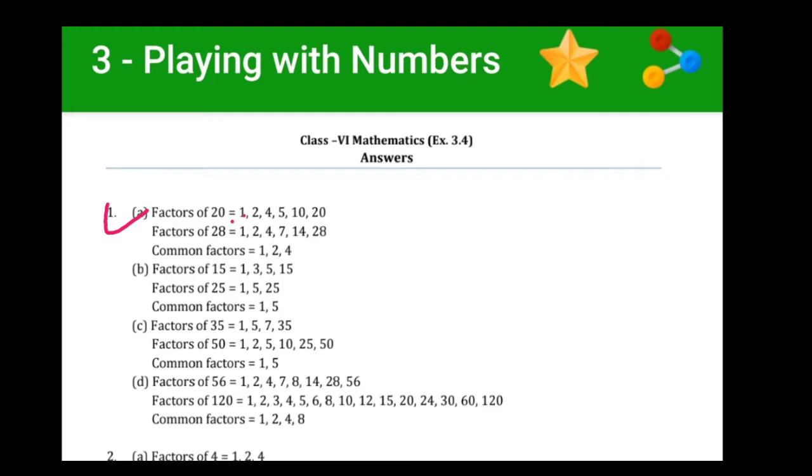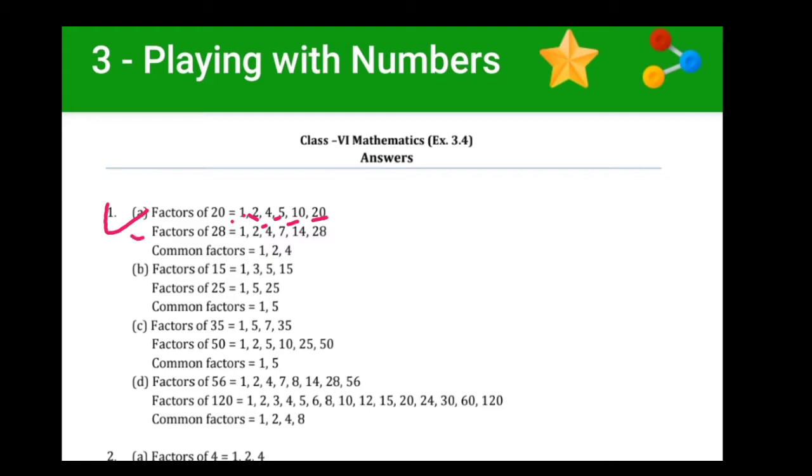So 1 and 20 are both factors, and 2, 4, 5 and 10 are also factors of 20, because 20 comes in their tables and it is divisible by those numbers.